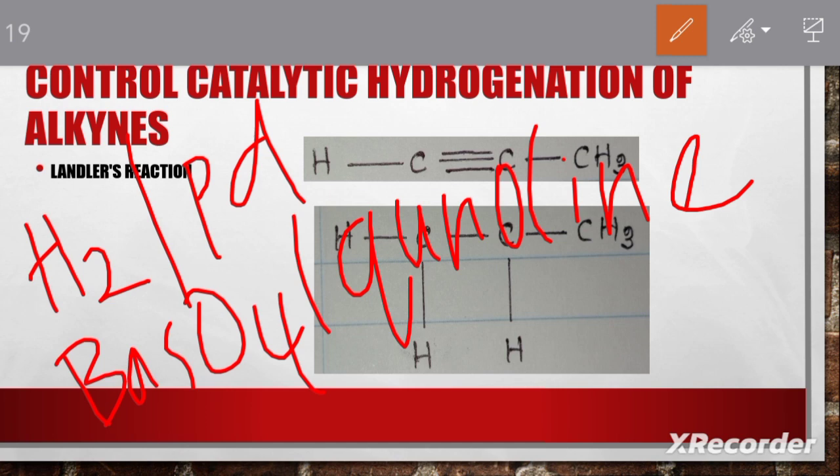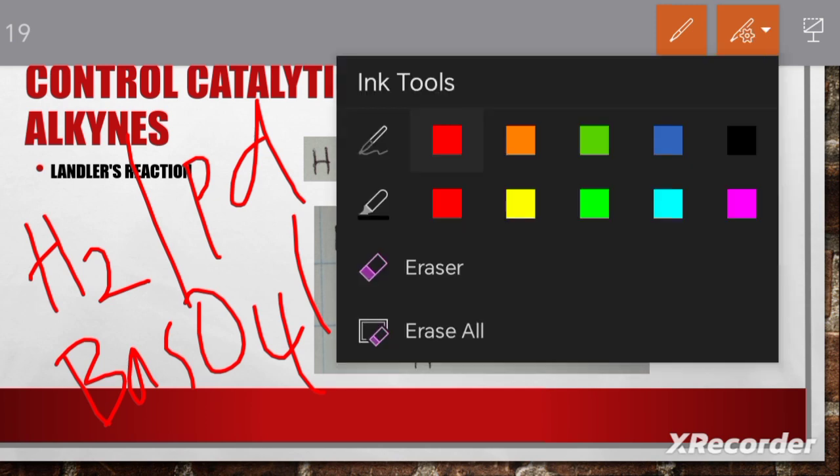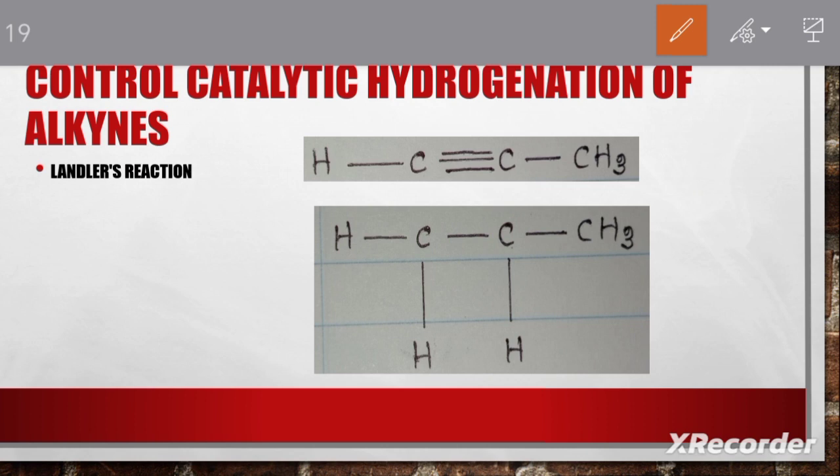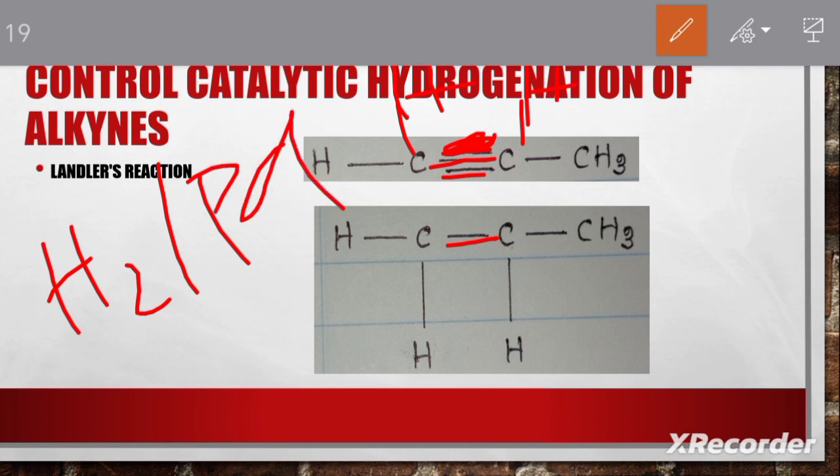If we add hydrogen, palladium, barium sulfate, quinoline, we can turn this alkyne into alkene like this, right? From these triple bonds, one bond breaks and adds two hydrogen to surrounding carbons.